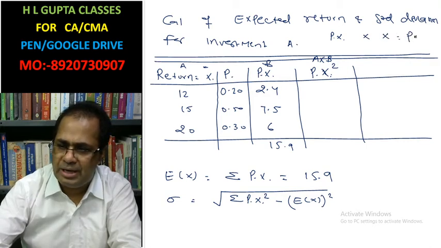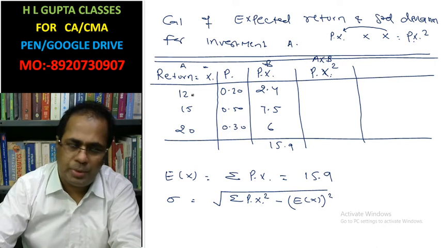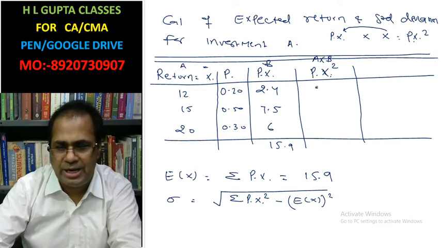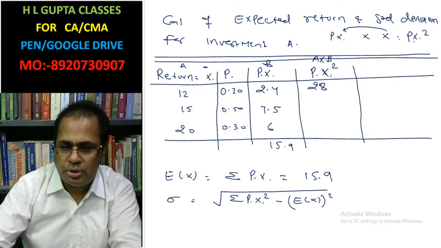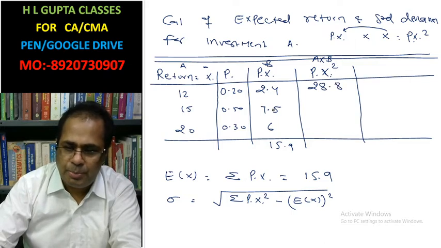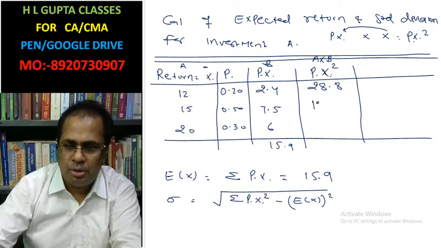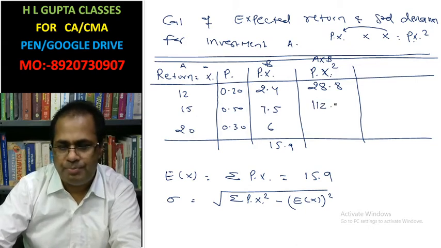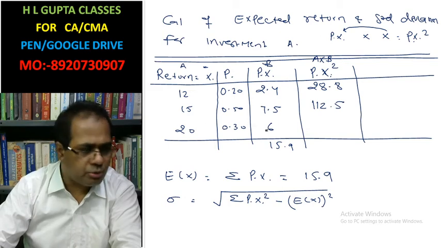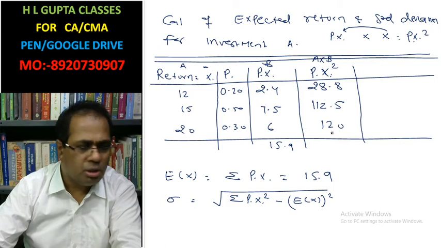PiX square, this X becomes X square. The 2.4 into 12 is 28.8. 7.5 into 15 is 112.5. Similarly 20 into 6 is 120.